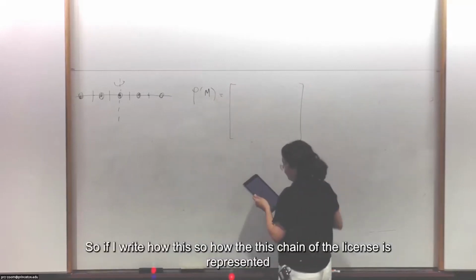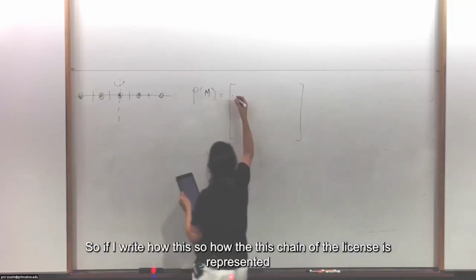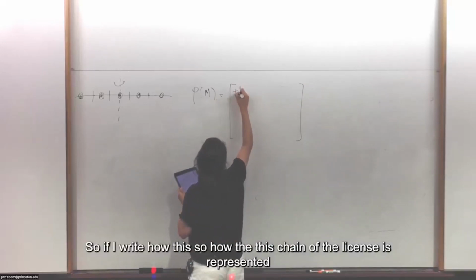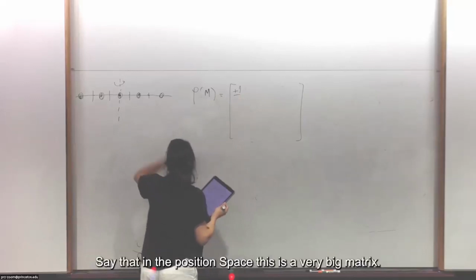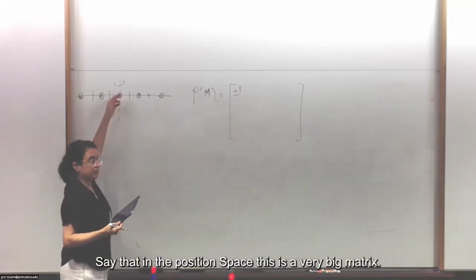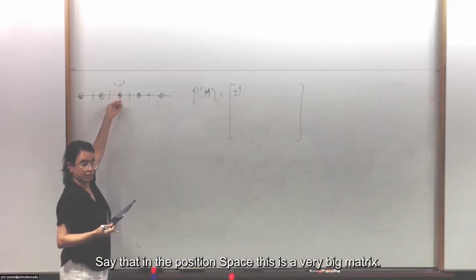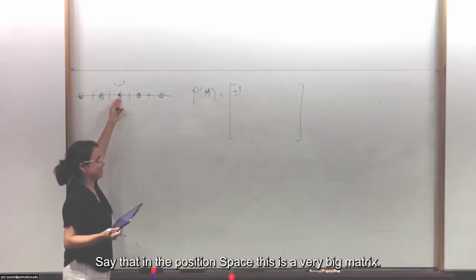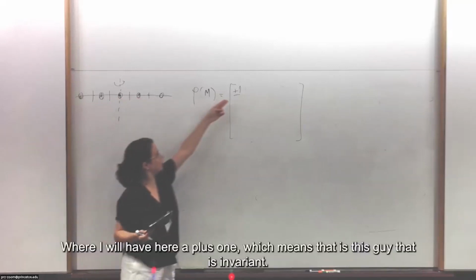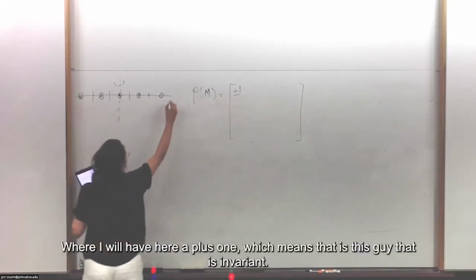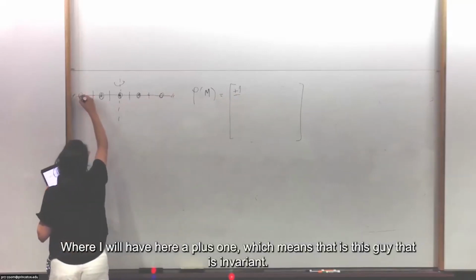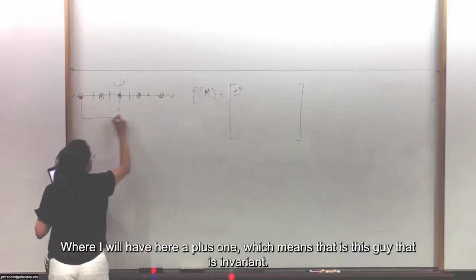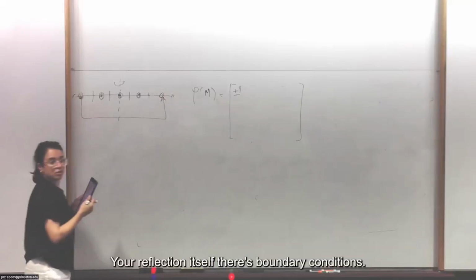This is a very big matrix where I will have here a +1, which means that this guy is invariant under reflection itself, so it's an s orbital, so you get an s plus. There are periodic boundary conditions, so I'm basically identifying this end of the chain with the other end.